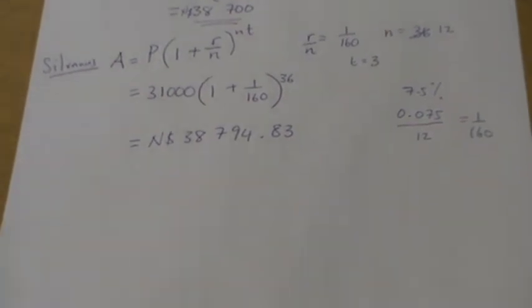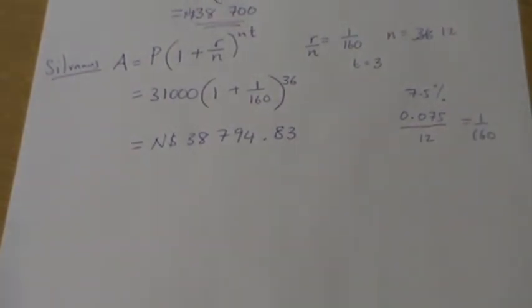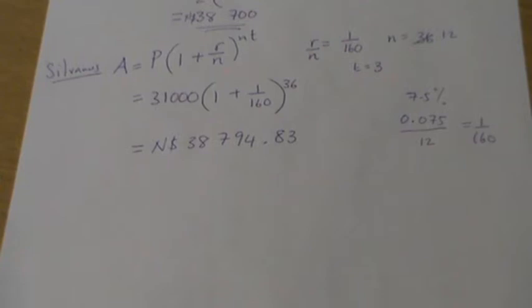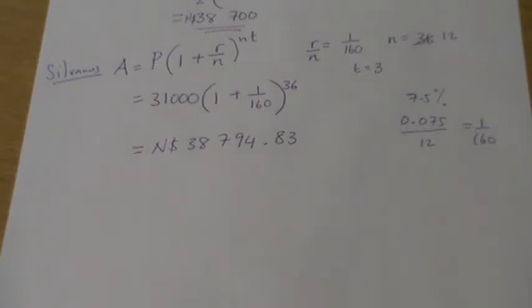So the only person left to calculate is Theresia and see how much she gets at the end. Now we are told that she invests 950 at the end of each month at a nominal rate of 7.5% per annum.